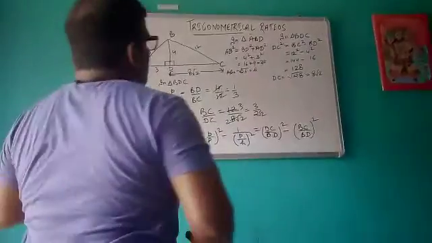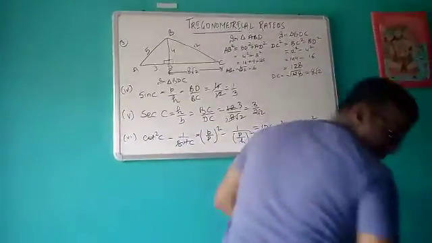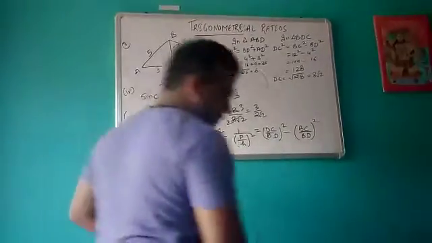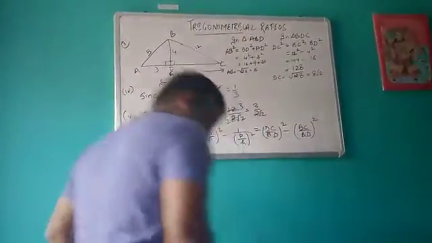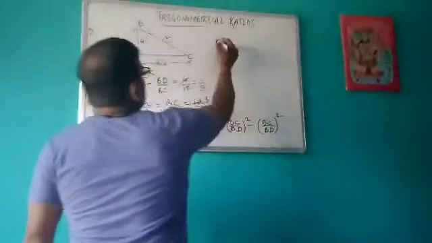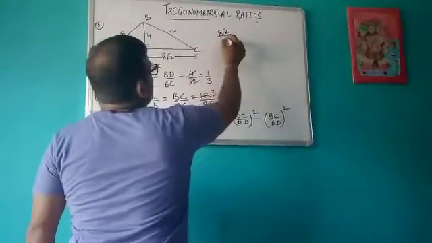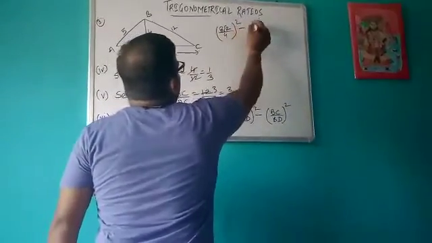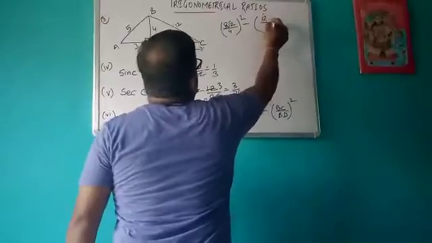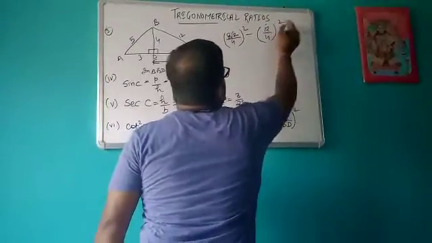Okay. Next we will put the values. So DC is our 8 root 2 and BD is 4 whole square, minus BC is our 12 upon BD is our 4 whole square.